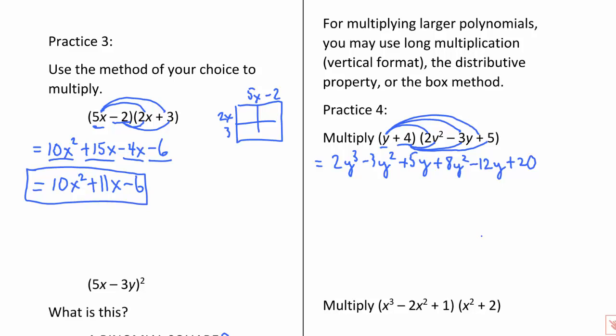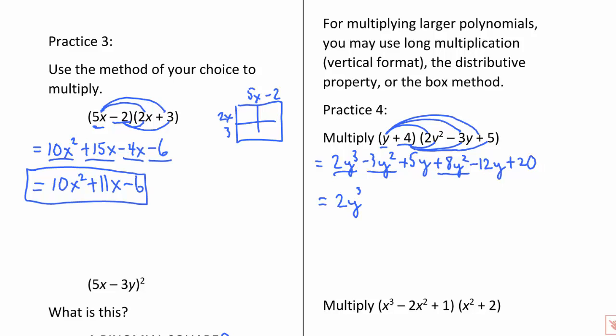So there you go. At this point, all I have to do is combine like terms. 2y cubed, well, that's the only one there, so that gives me 2y cubed. Negative 3y squared plus 8y squared.